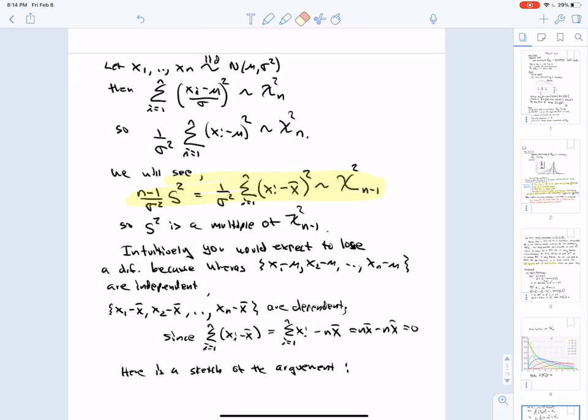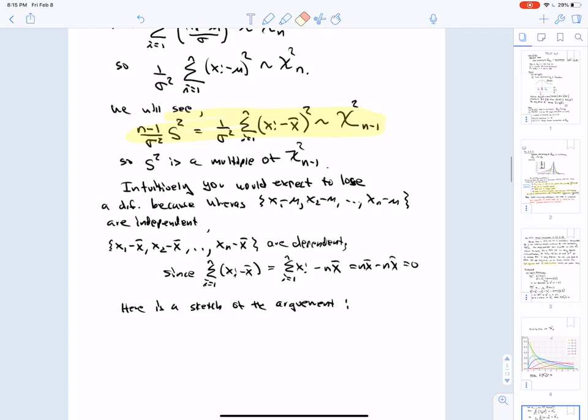First of all, note that 1 over sigma squared times the sum of (xi minus mu) squared is a chi-squared with n degrees of freedom. But if you replace mu by x bar, then it's going to be chi-squared with n minus 1 degrees of freedom.